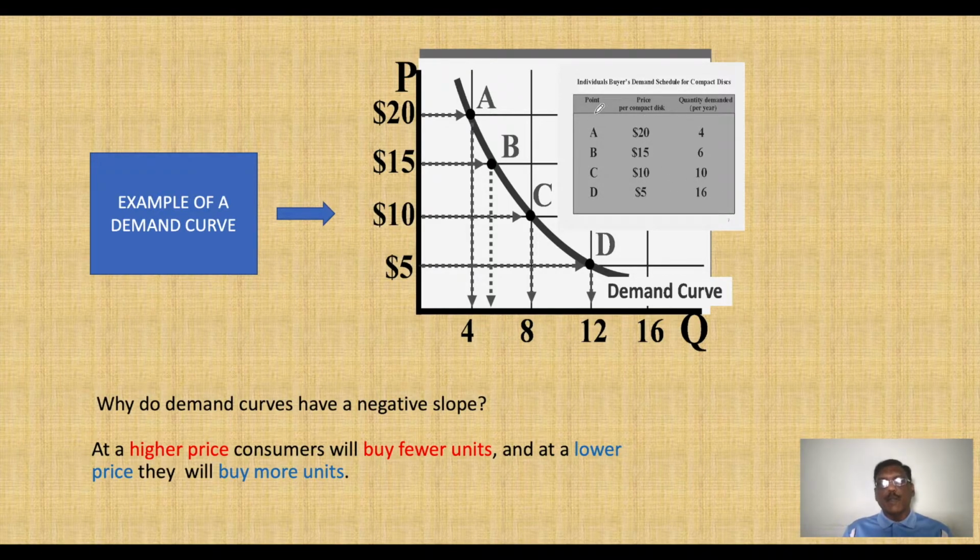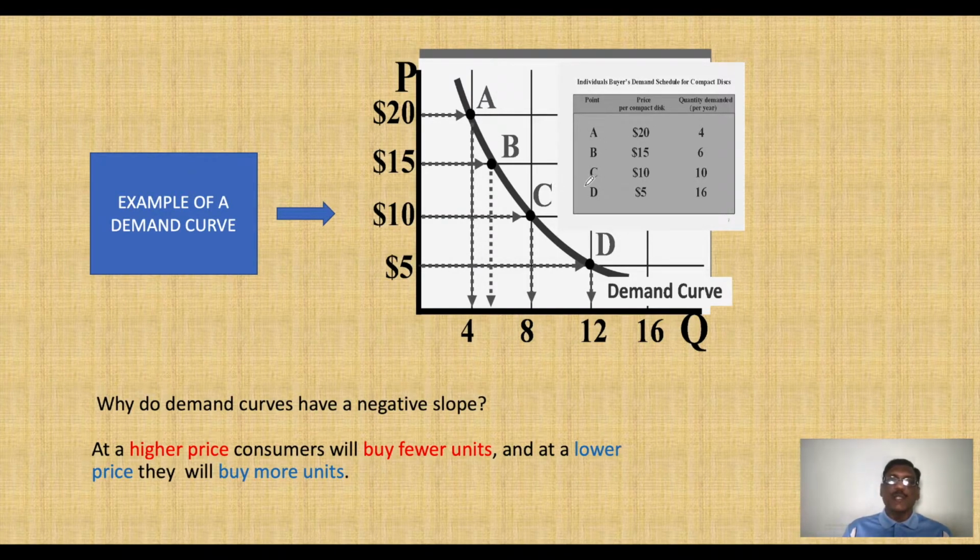Now, when you plot all this, actually we only need 2 points to plot a line or graph. In this case, it is a downward sloping curve. So point A is price 20, quantity 4.